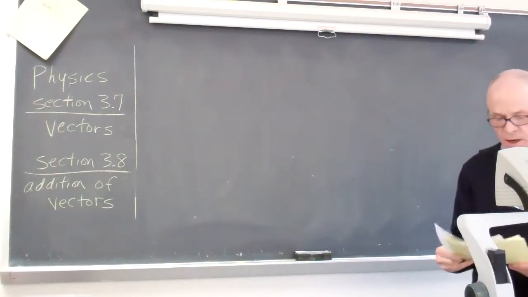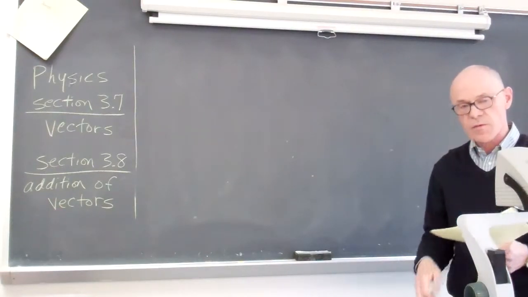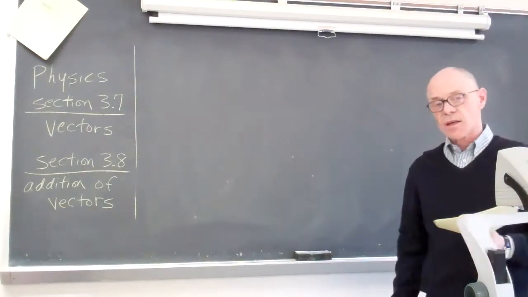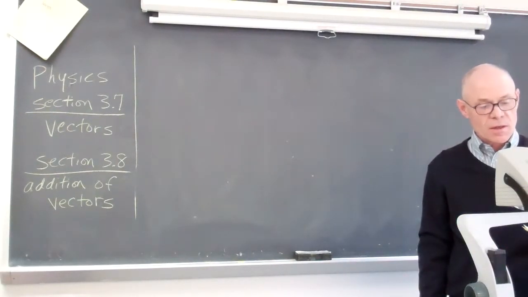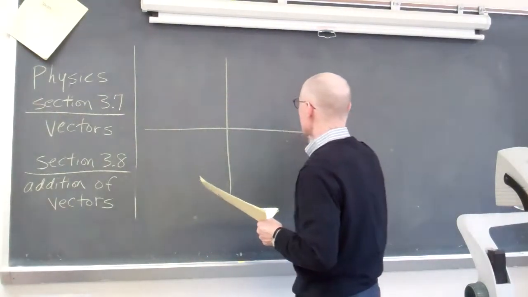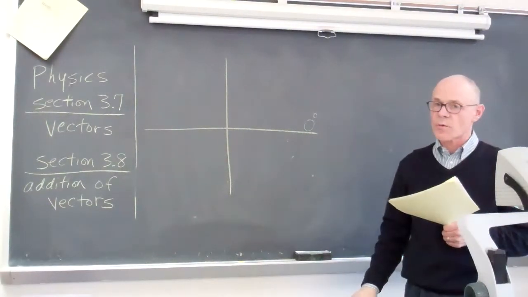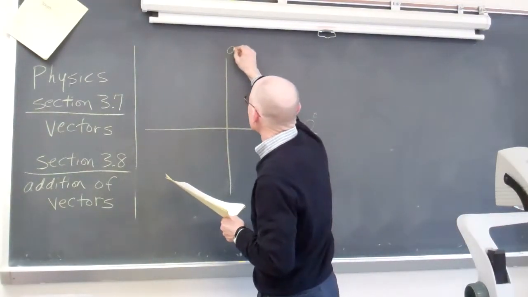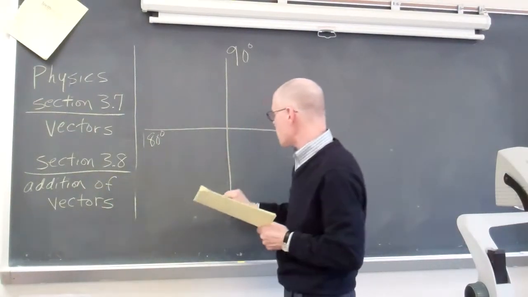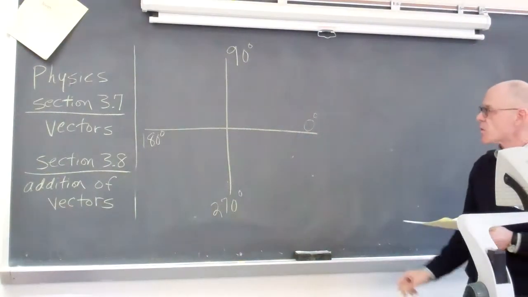Okay, now in our study of vectors, we're going to use a coordinate system for measuring angles. Here's the coordinate system that will be used in this textbook. 0 degrees will be in the direction that we normally think of as east, 90 degrees in the north direction, 180 degrees west, 270 degrees in what we would think of as the south direction.